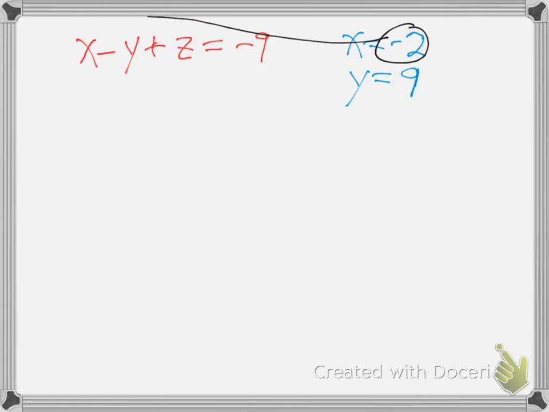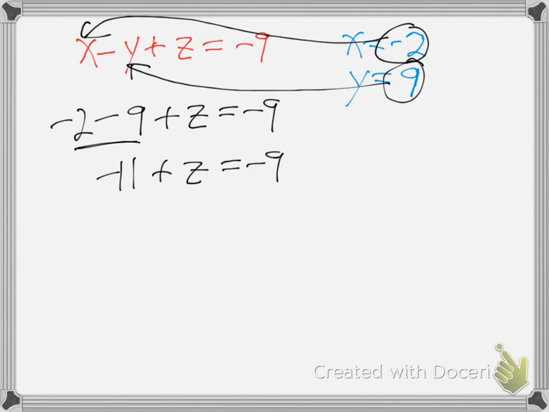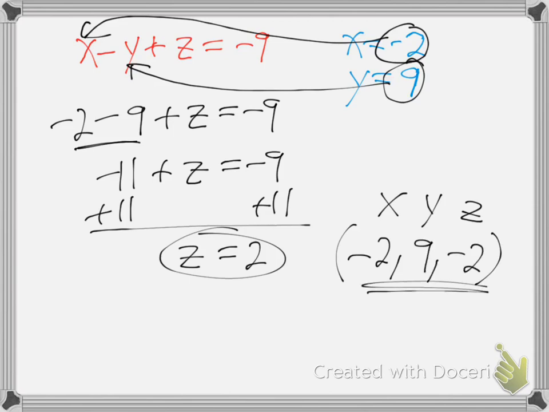Negative 2 minus 9 plus Z is negative 9. So minus 2 minus 9 is minus 11. Get Z alone, add 11 to both sides. Z is 2. So there's our answers: negative 2 for X, Y is 9, Z is 2.